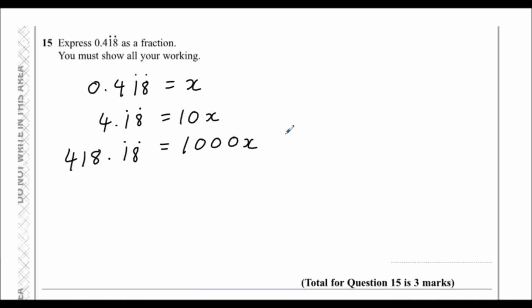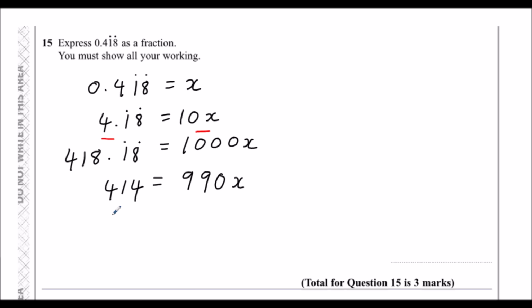So now we've got two things ending in the 18 recurring. We can take them away, and that will get rid of all those recurring numbers. So 1000 x's take away 10 x's is 990 x's. 418 point something take away 4 point something is 414.